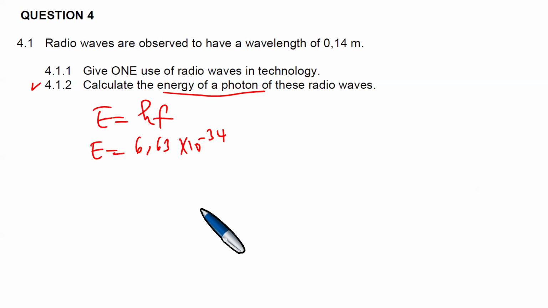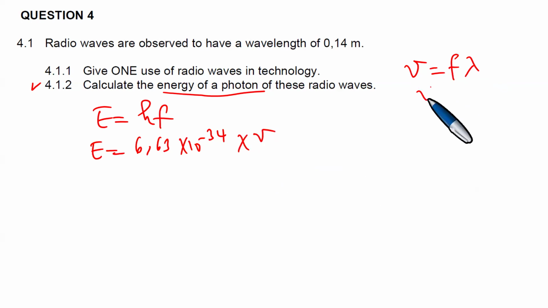And so we are then interested in the frequency. So what is the frequency? We know that the speed is frequency times wavelength. So speed over wavelength is frequency.